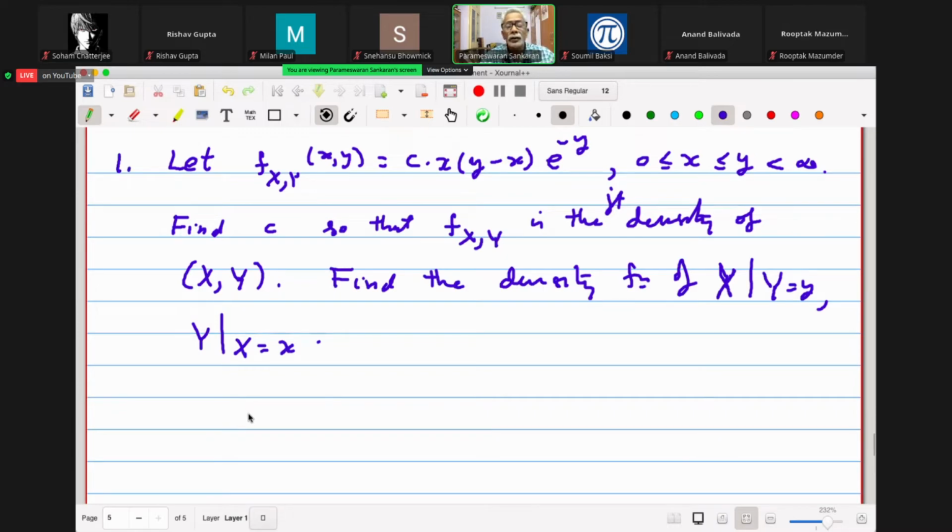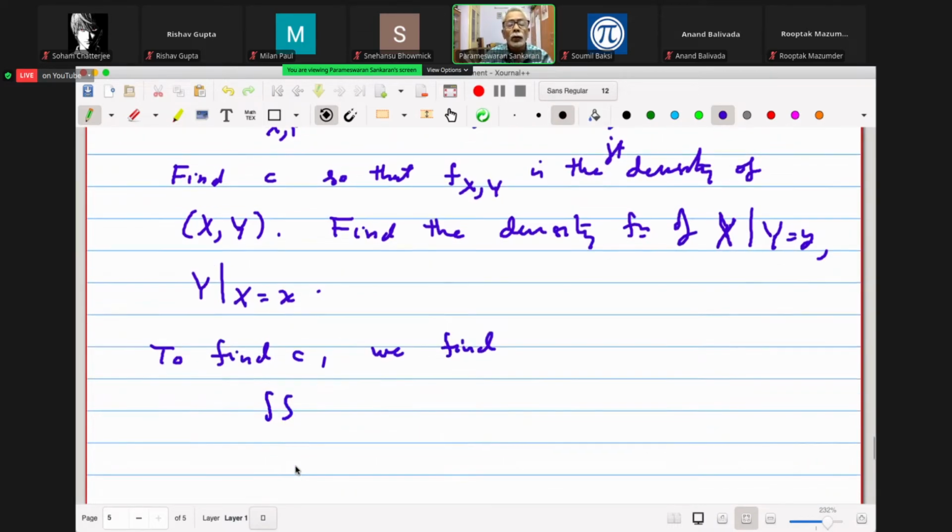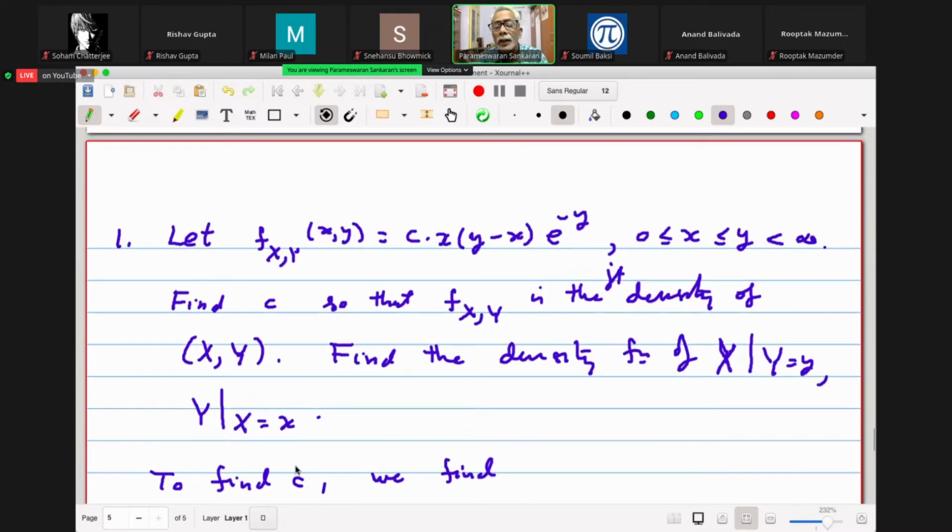So in order to find c, we find the double integral. First of all, you have to check that c times whatever function I have is actually a positive function.